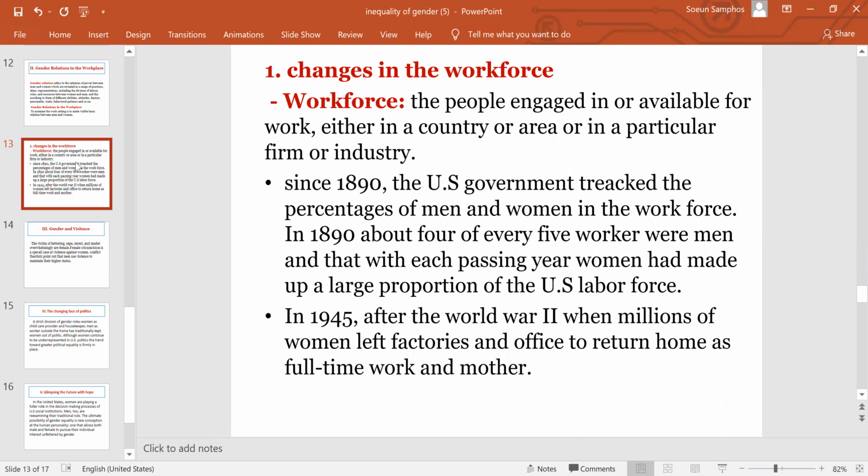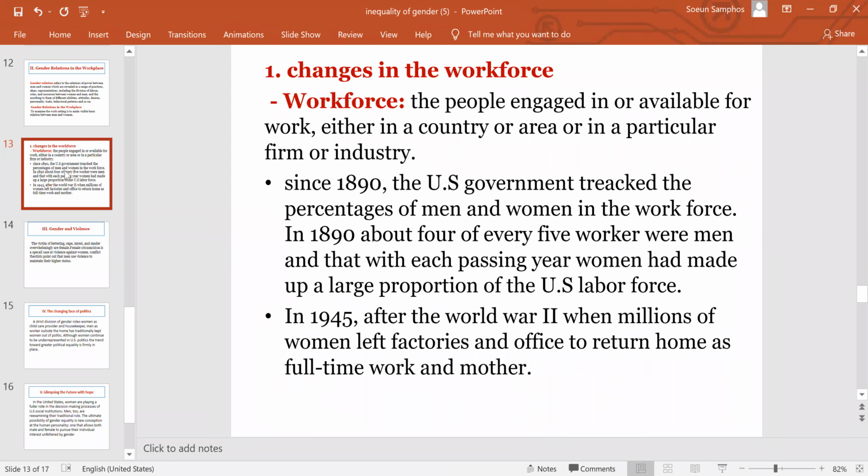Number one, work force refers to the people engaged or available for work, either in a country or area or in a particular firm or industry. Since 1890, the US government tracked the percentages of men and women in the workforce. In 1890, about 4 of every 5 workers were men.